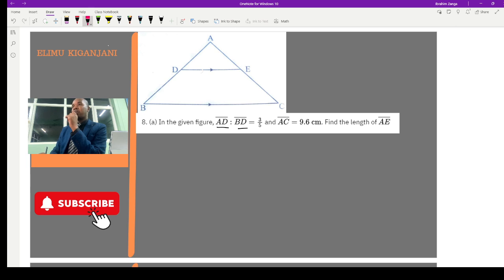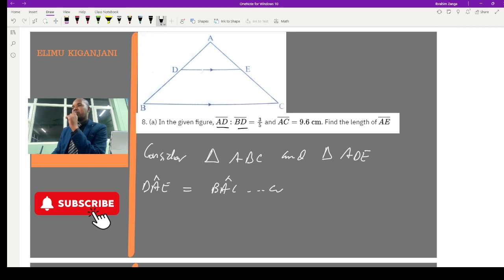So first of all, we are going to consider 2 triangles, triangle ABC and triangle ADE. In those 2 triangles, angle DAE is going to be equal to angle BAC, and this is actually a common angle.